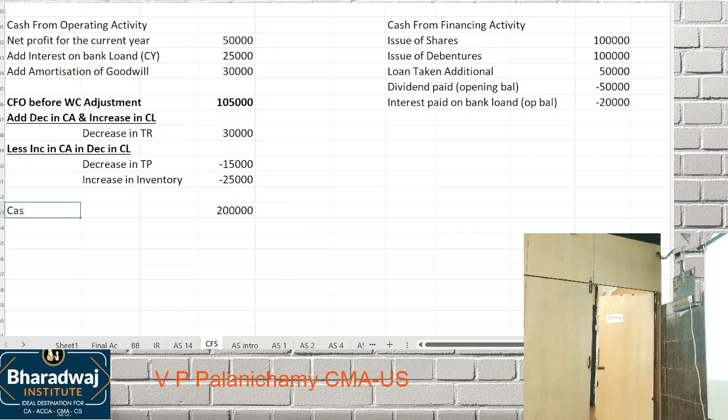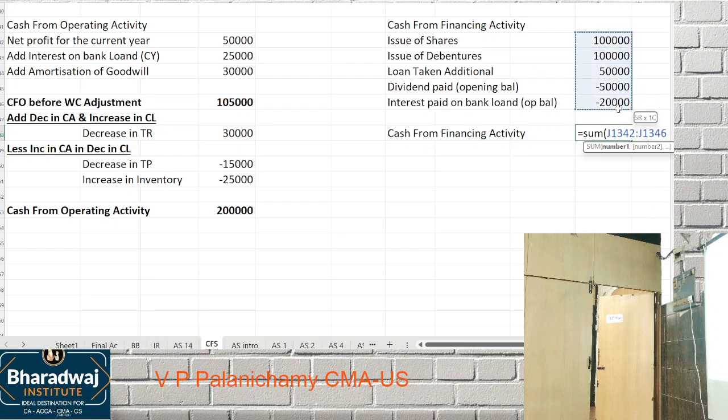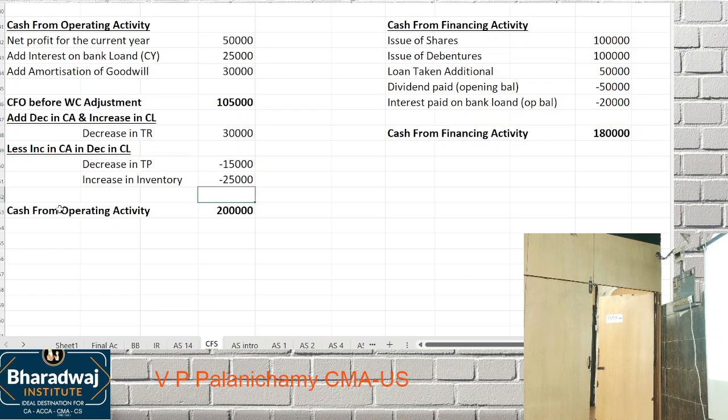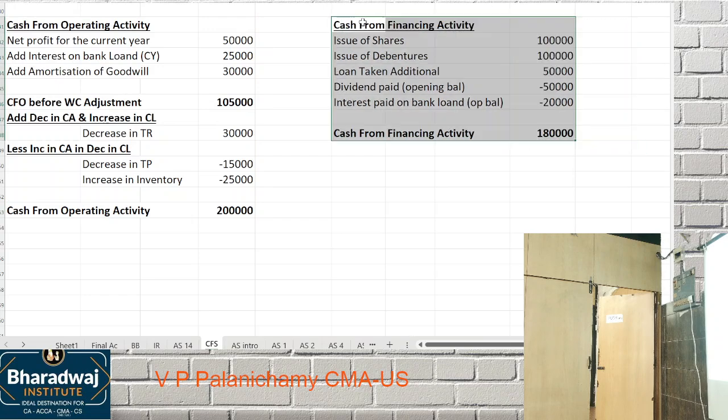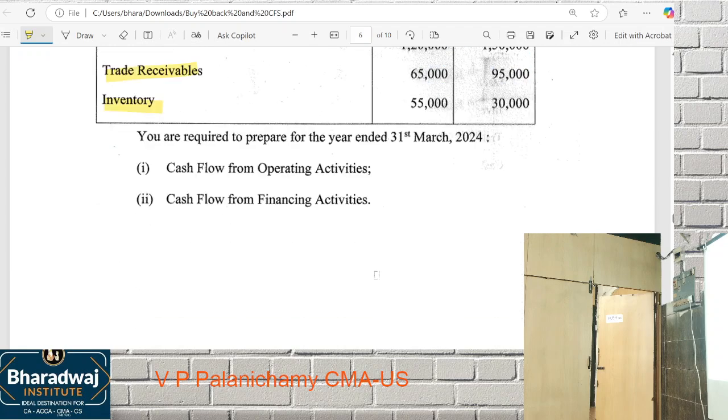This is which activity? Cash from operating activity. This is cash from which activity? Done. One minute, I'll come back to this.